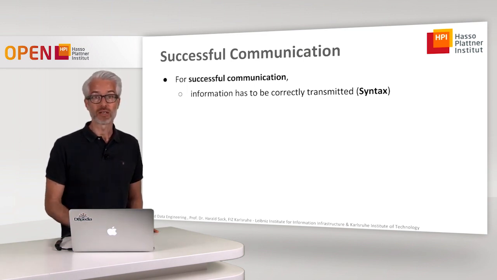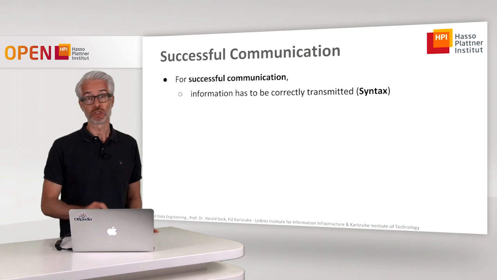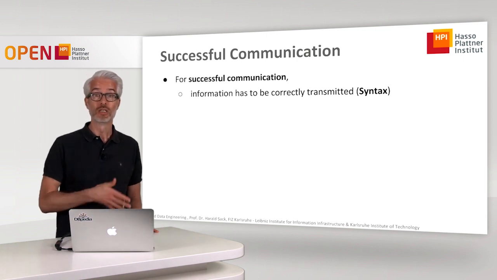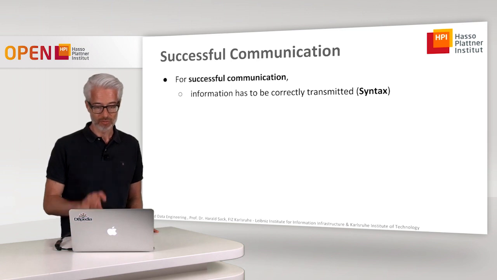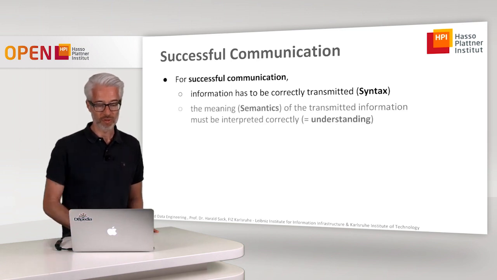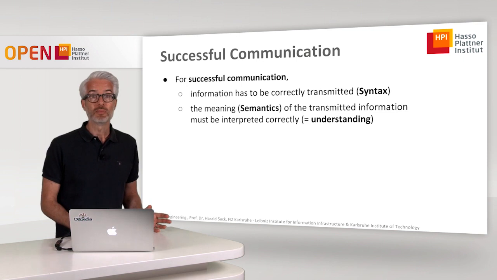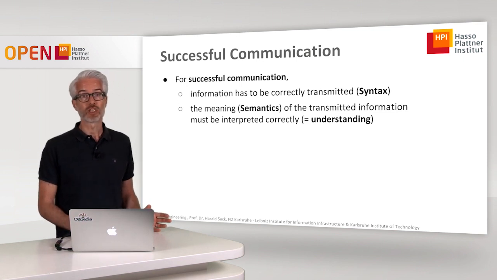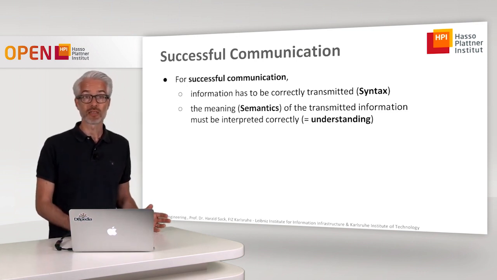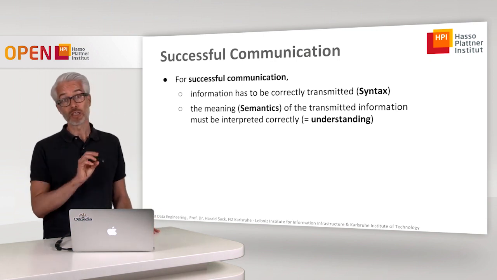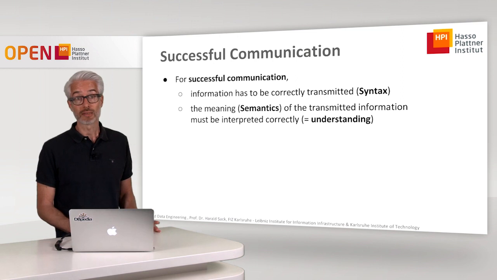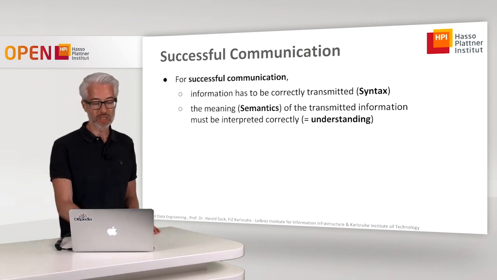I guarantee this with the help of syntax, which defines rules of how to create correct sentences, correct messages. So first, correct transmission of information. Then, of course, the meaning, the semantics of the transmitted information must be interpreted correctly. So the meaning must be understood. The information must be understood. Otherwise, it's not a successful communication.